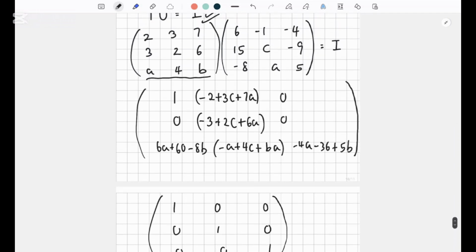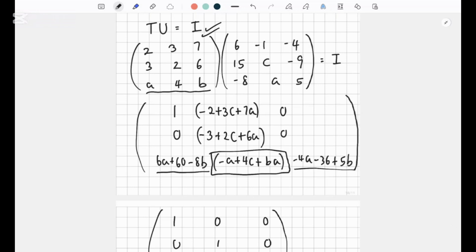So what we can do is we can find A and B using these two equations. We can find A and B. And using that, we can find C, right? Using this one, the one in the center, the one I just circled right now.